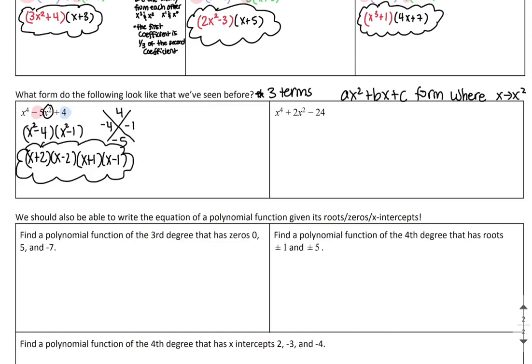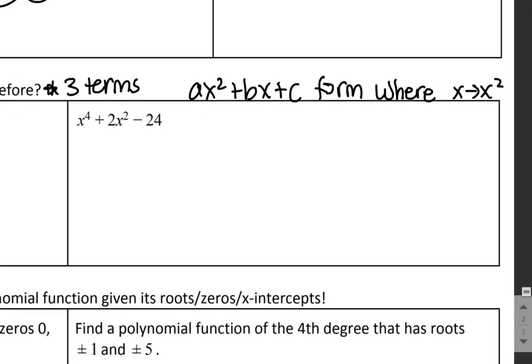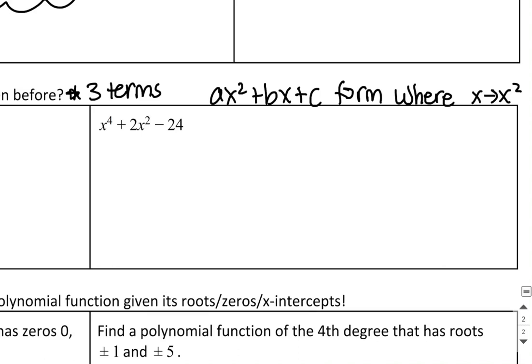For the second example I have here, this looks like ax squared plus bx plus c form, where a is equal to 1. So I could use the diamond to go straight to factored form. I'm looking for 2 numbers that multiply to negative 24 and add up to 2. So I was looking for them to multiply to the constant and add up to the coefficient of what would be my x term.